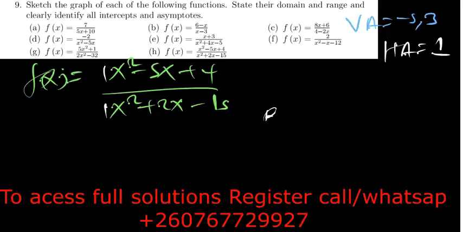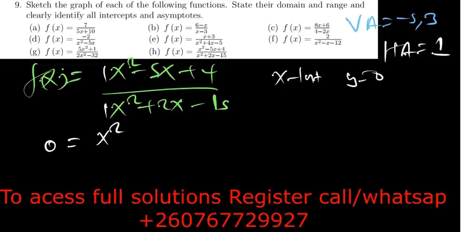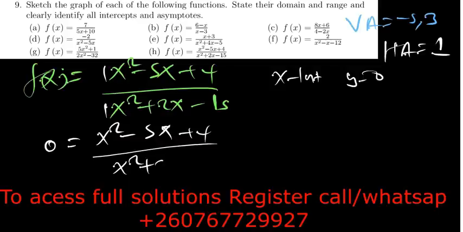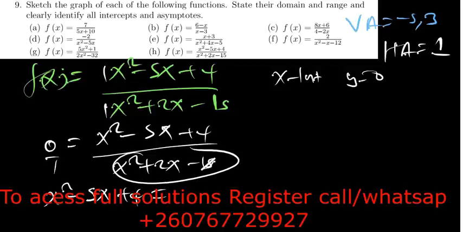Now let's go ahead and find the x-intercept. So for the x-intercept, y has to be equal to 0. So in this case, if y is 0, I'll have x squared minus 5x plus 4, then I'll divide it by x squared plus 2x minus 15. If I cross multiply, I'll have x squared minus 5x plus 4 is equal to 0.